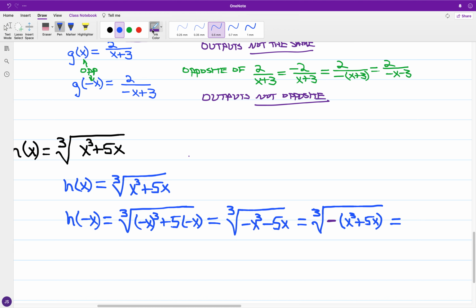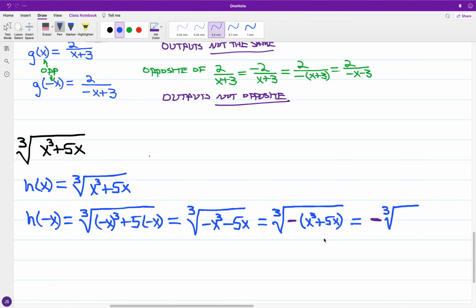So this will be the negative of the cubic root of x cubed plus 5x.